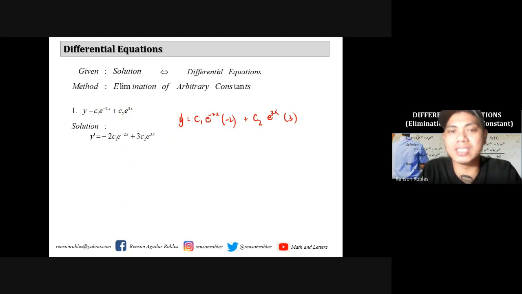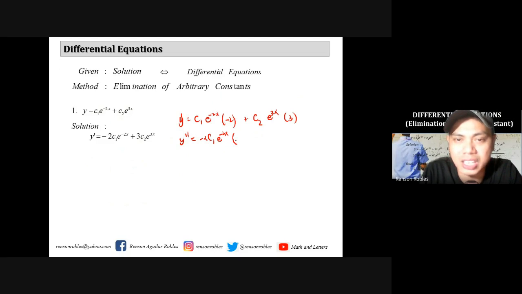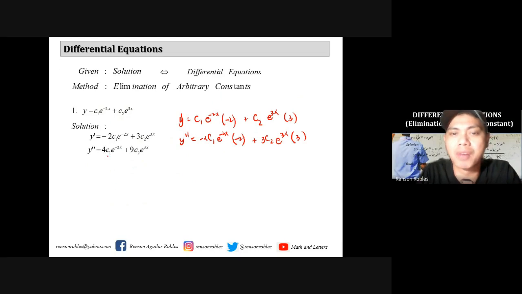Differentiating it again, since there are two constants, so you have y double prime equals negative 2 c1, then e to the negative 2x times differentiate negative 2x again, plus 3c2, I just write this in front, copy e to the 3x, then differentiate 3x, that is 3. And you got this second derivative.